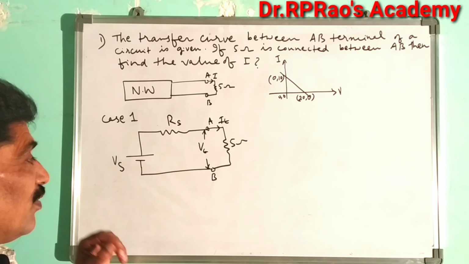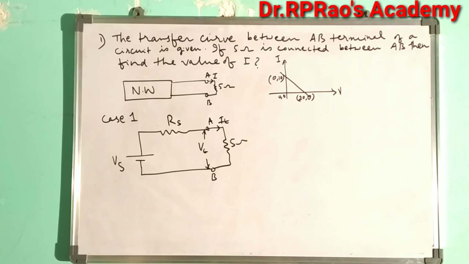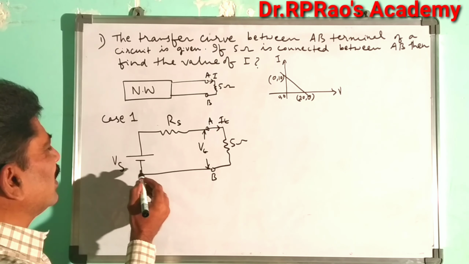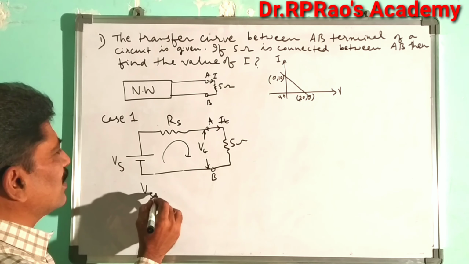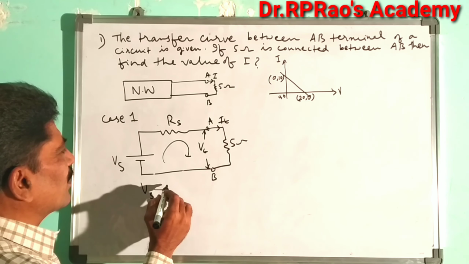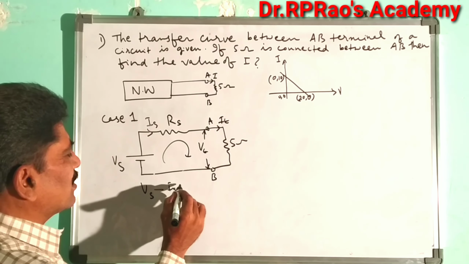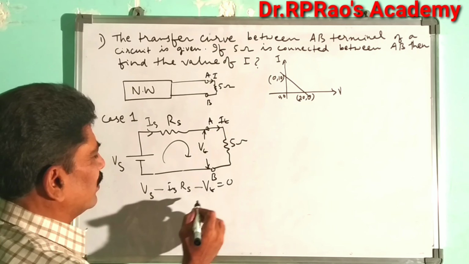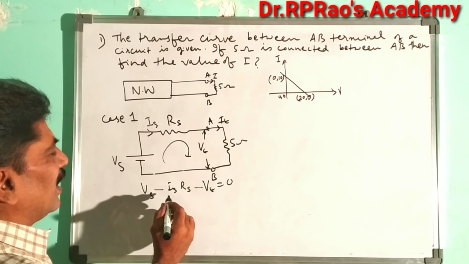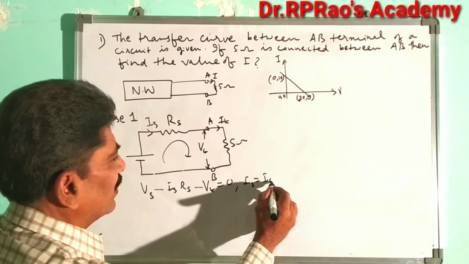Now let us find the VI characteristics of this practical voltage source. By applying Kirchhoff's voltage law to this circuit, with Is as the current, we get Vs minus Is Rs minus Vt equal to 0. Is is nothing but It, the same current flows.